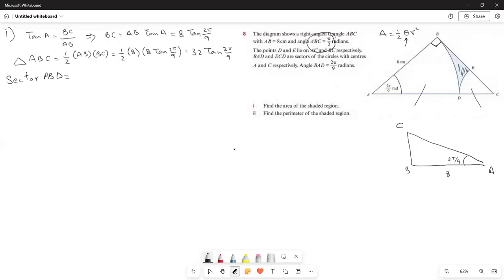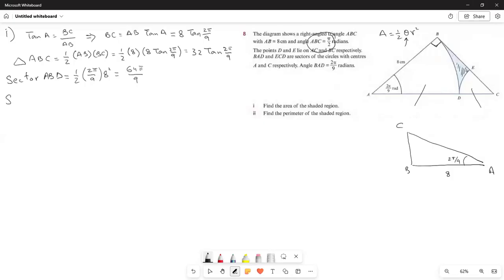So for this sector ABD, I will do half, and the angle is 2 pi by 9, and then r square is 8 square, 64. So this comes out to be 64 pi by 9. Okay, so this is the area of the sector ABD.